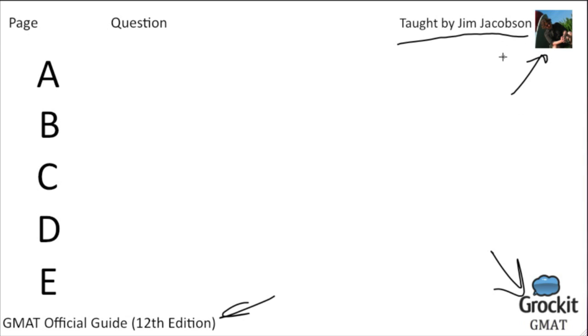And last time we finished with question 133 on page 177 in the problem solving section of the quantitative section. So we're going to pick up with question 134 on page 171.